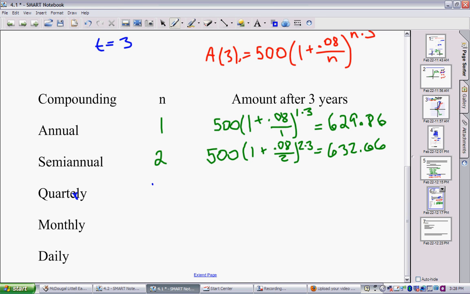Quarterly is 4 times a year, so 500 times 1 plus 0.08 over 4 to the 4 times 3. Still earned a little bit more money, 634.12.